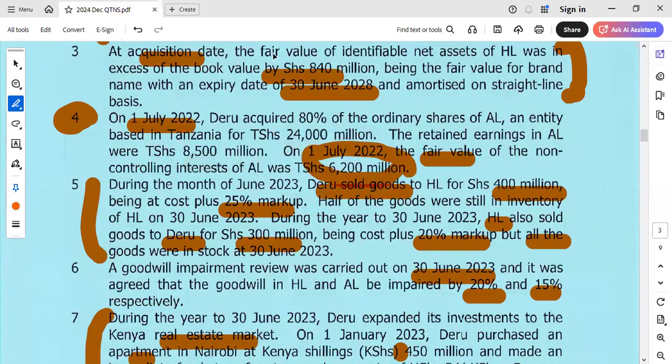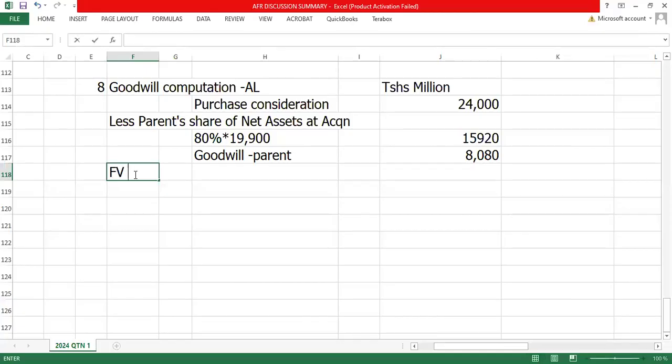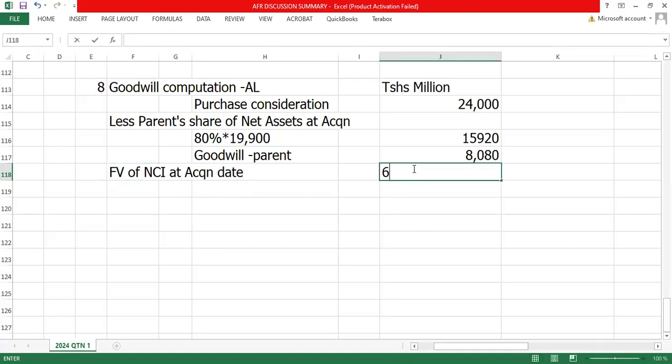So it means that you need to look at the fair value of NCI at acquisition date, which is 6,200 in TZ.